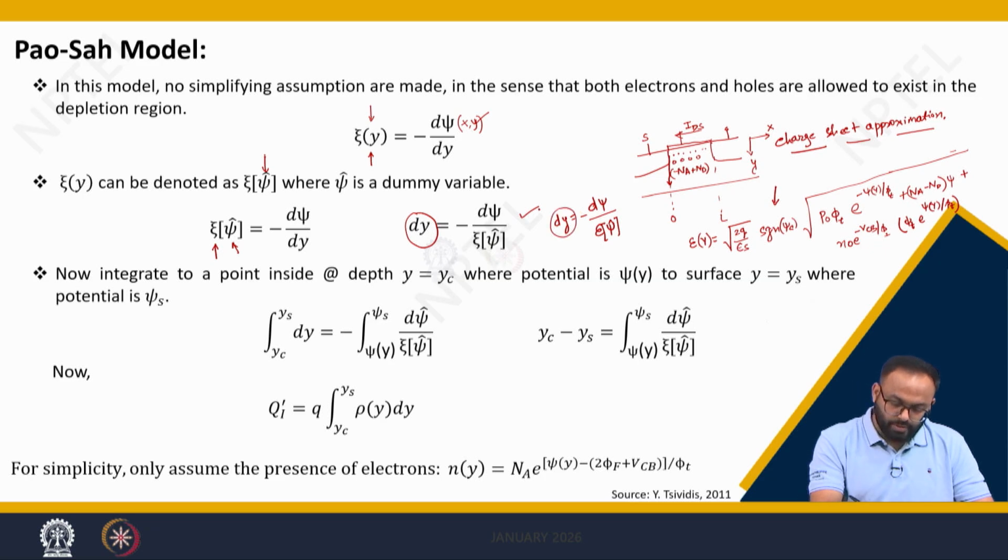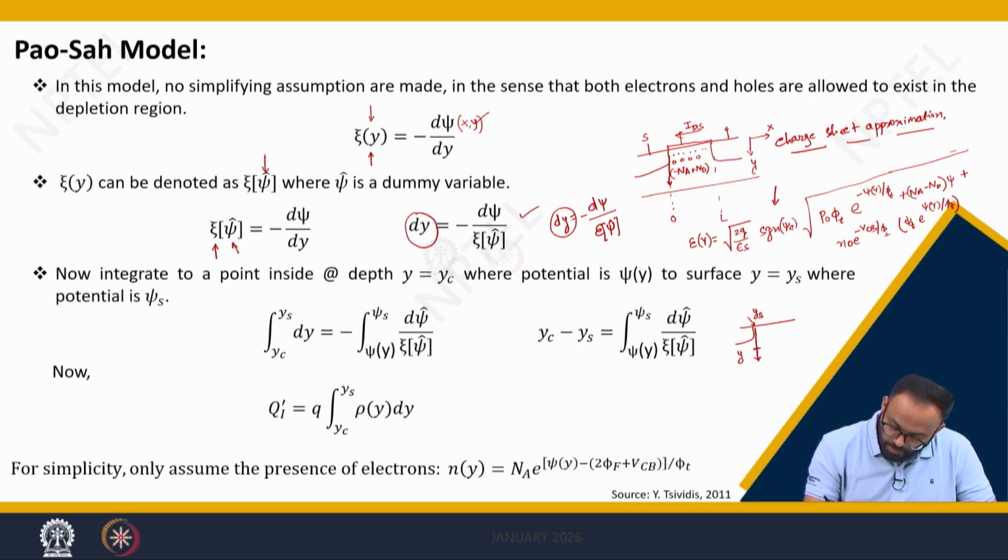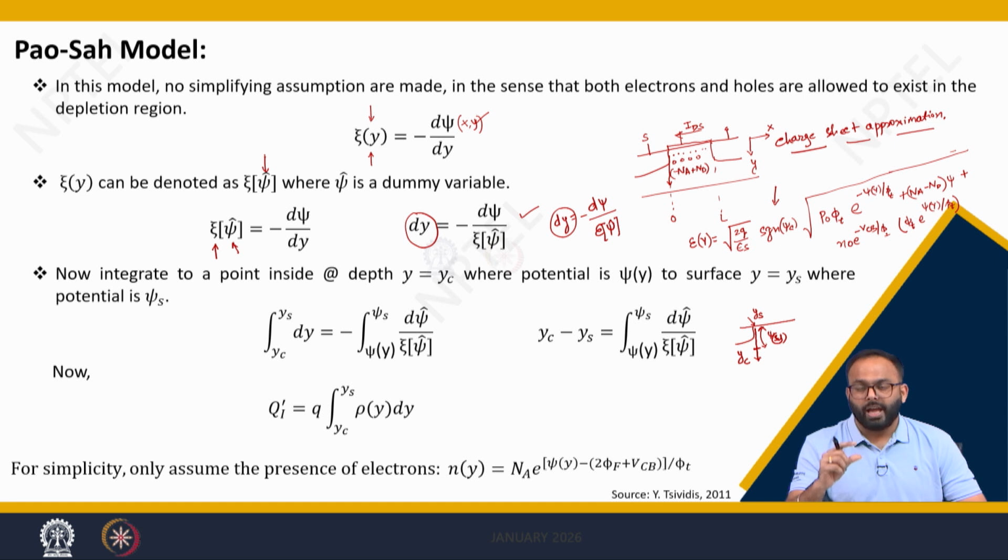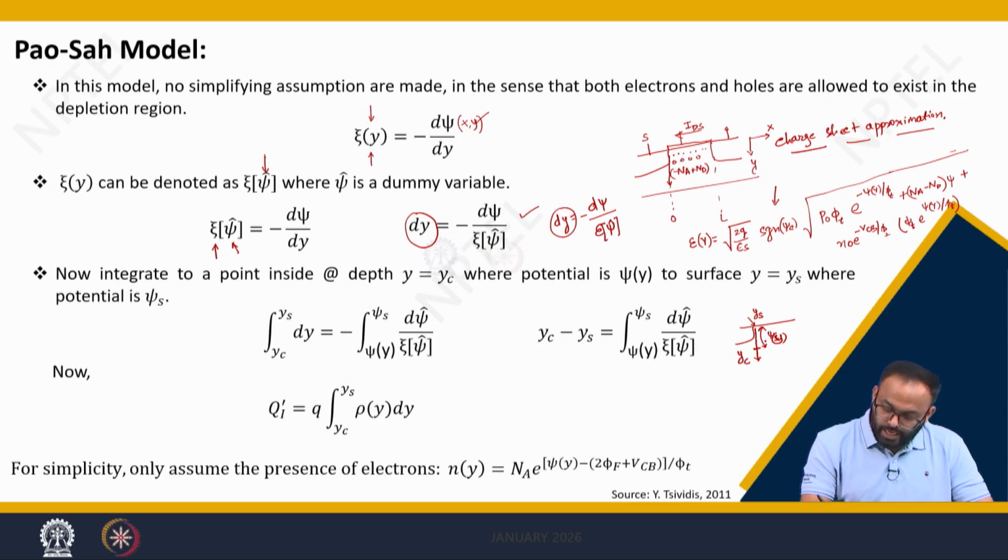Now what is y? In our previous analysis we said that near the surface the position is y surface, and along the depth of the body we consider some point yc where the potential is measured as psi y. So we are measuring the potential at the surface with respect to this point yc. We considered in our analysis that yc is deep in the body where the potential is 0, and with respect to that the surface potential is psi s.